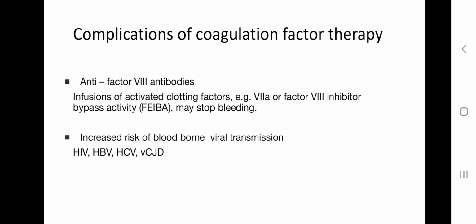Now, in such patients, what can be done is infusion of activated clotting factors, for example factor 7A or factor VIII inhibitor bypass activity, called FEIBA, which can stop bleeding. And as we had earlier discussed, they are at increased risk of blood-borne viral transmission like HIV, HBV, and HCV, also prion diseases like Creutzfeldt-Jakob disease.